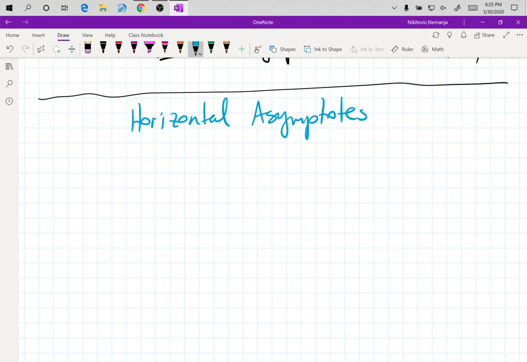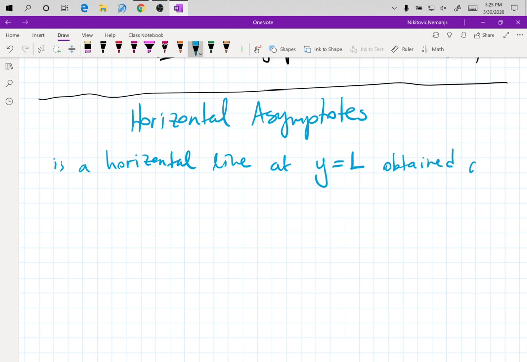Now, a horizontal asymptote is a horizontal line at y equals L, and we have 3 cases.